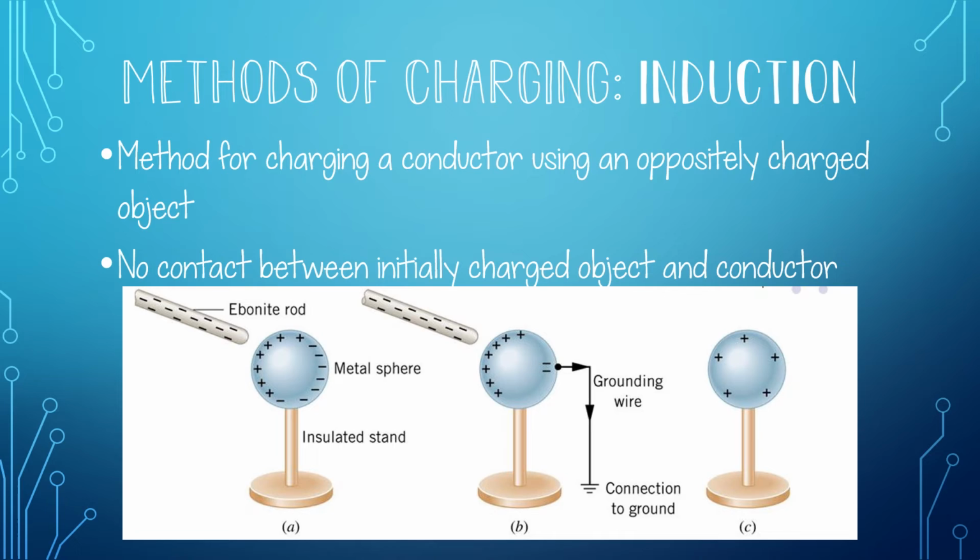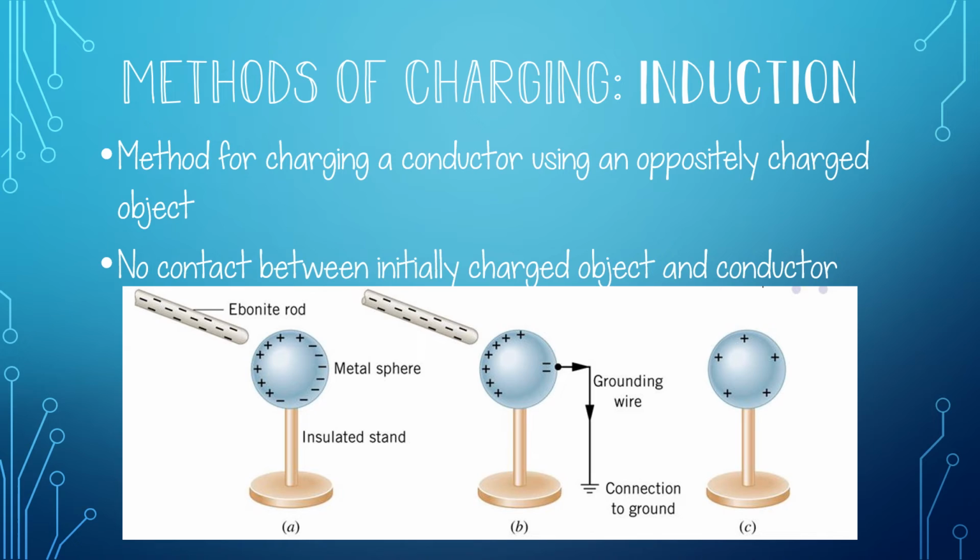When I bring that ebonite rod, which is negatively charged, near my metal sphere, the electrons in the metal sphere will repel to the other side of the sphere, leaving only the positive charges on the left-hand side, as you see here. The next step in induction is to ground your conductor. Remember that grounding means that we are providing a path that electrons could travel either to or from the ground.